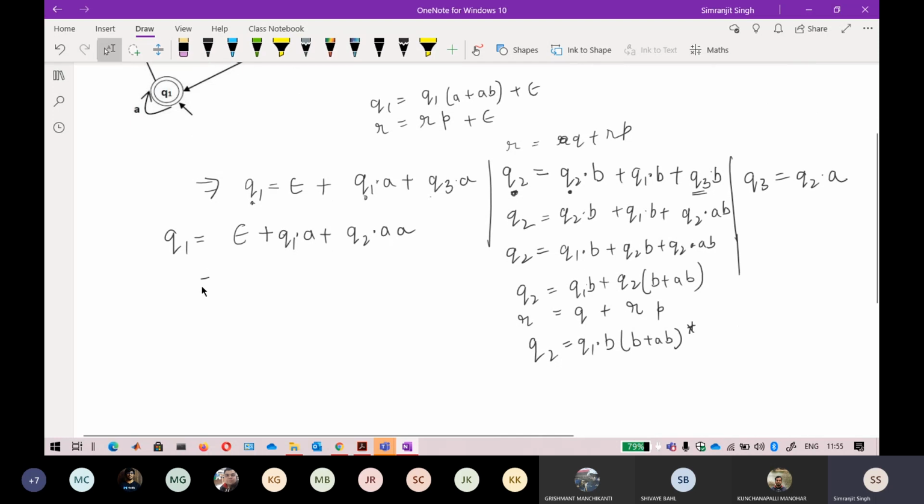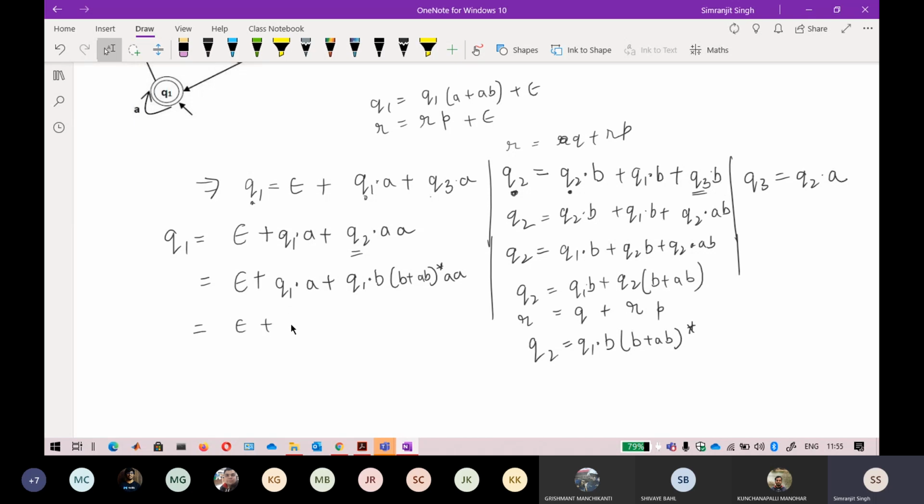Okay. So now put the value of Q2 here. I just want it to be of Q1. So Q1A followed by a Q2. What is Q2? Q1B followed by B plus AB star followed by two A's. So two A's will be from here. So the value of Q2 is put here. Okay. So I think now there is only Q1 and Q1. So that it becomes very simple for me. So I can take that state directly out of it.